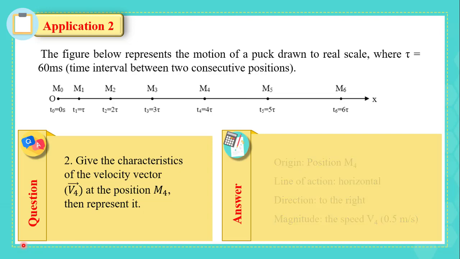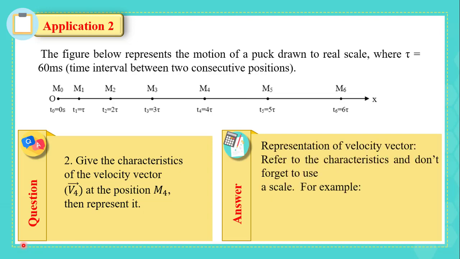Now to represent it, we need to choose a scale. I will choose the scale: each 1 centimeter corresponds to 0.25 meter per second. Applying the cross multiplication rule, we obtain 2 centimeters. Now we can draw the velocity vector v4 at M4 directed to the right of length 2 centimeters.